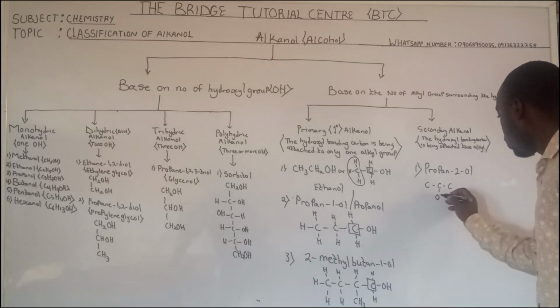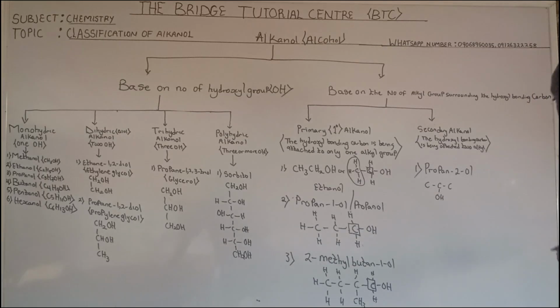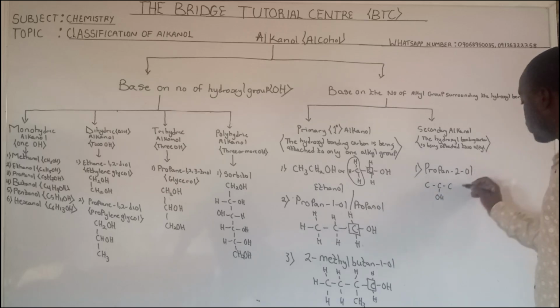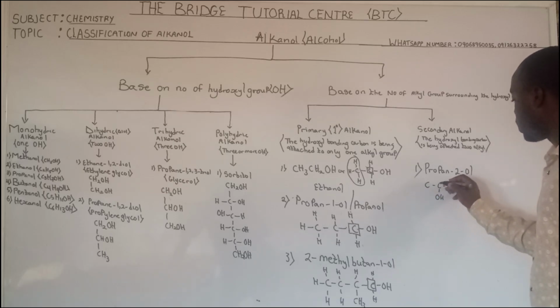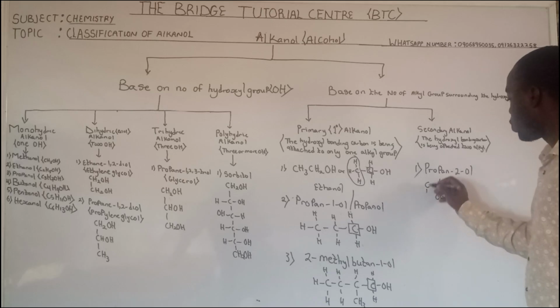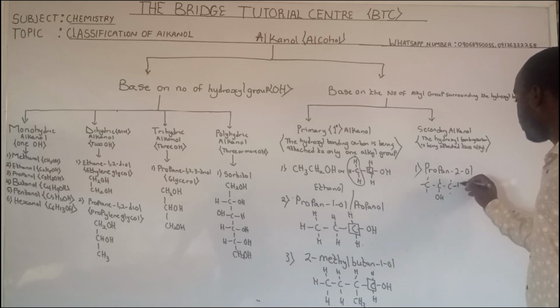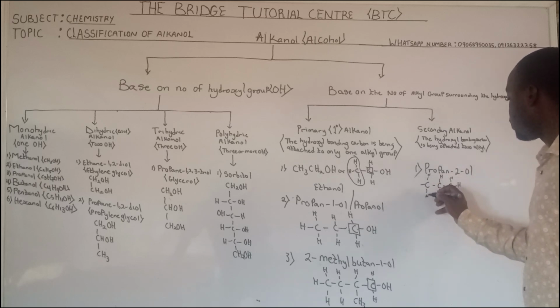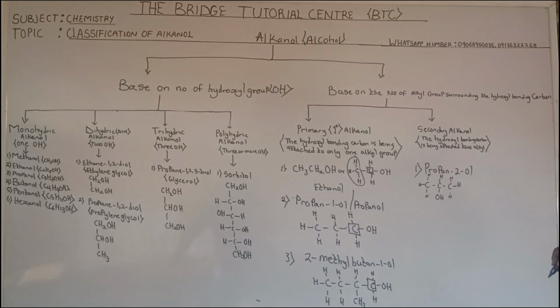We have OH. So that's all. You just complete your diagram. So we have 4 bonds surrounding each carbon. 1, 2, 3, 4. Okay, put hydrogen. So we have something like this. So this is propan-2-ol.